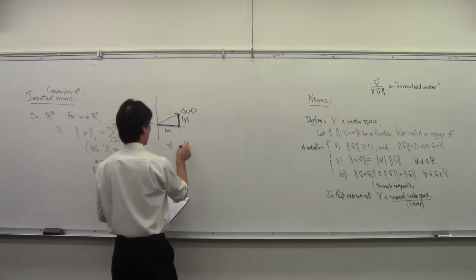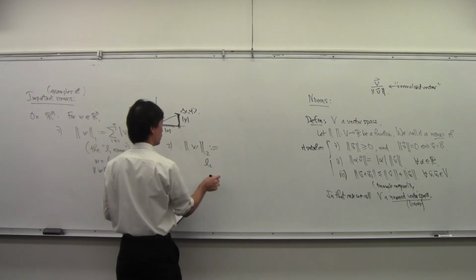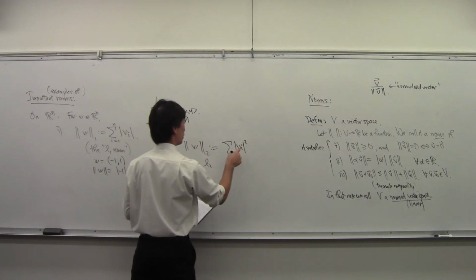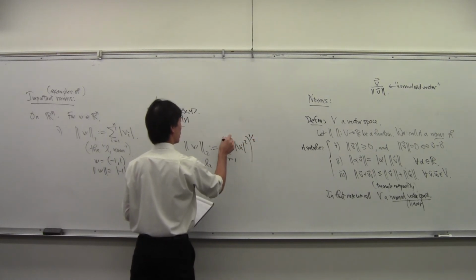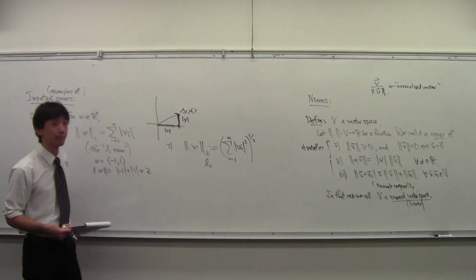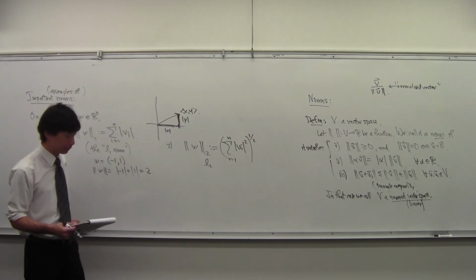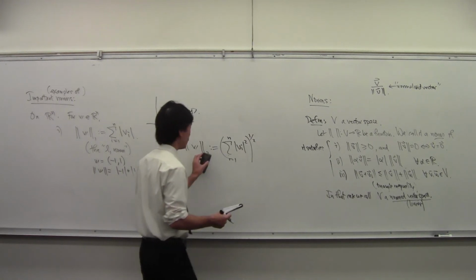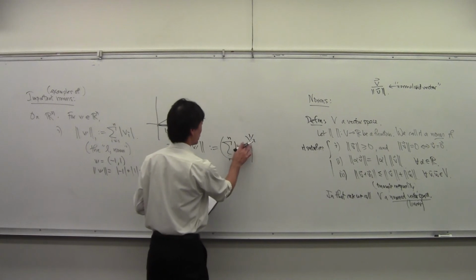Now we are already familiar with what's called the little L2 norm, which is you take the sum of the absolute values squared to the 1/2 power. You can guess that there's nothing special about this 2.